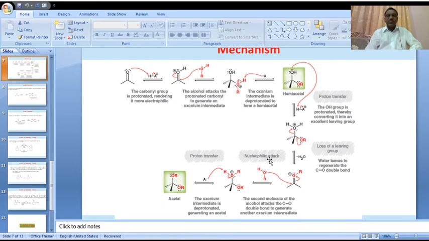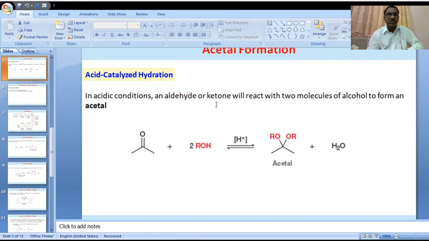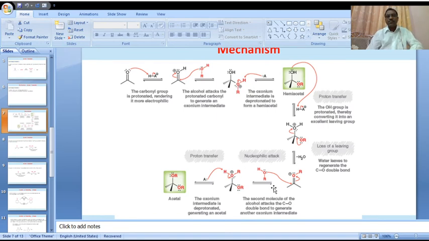Next, nucleophilic attack. We used 2 moles of ROH in this reaction generally. Please observe the last step. Here the second mole of alcohol is used.